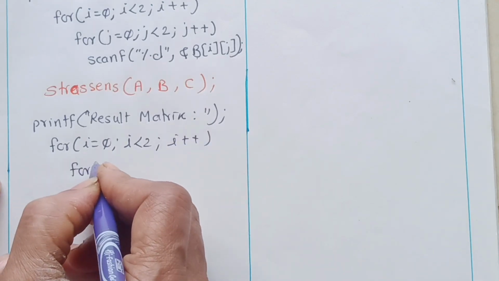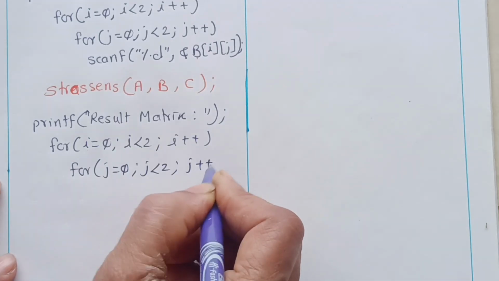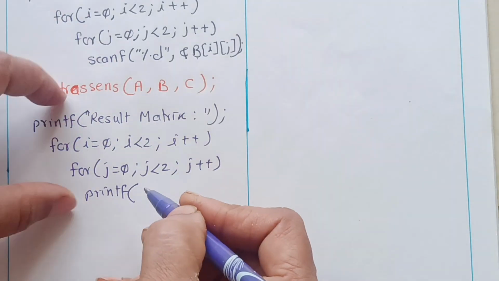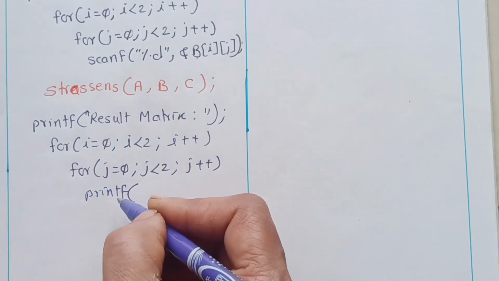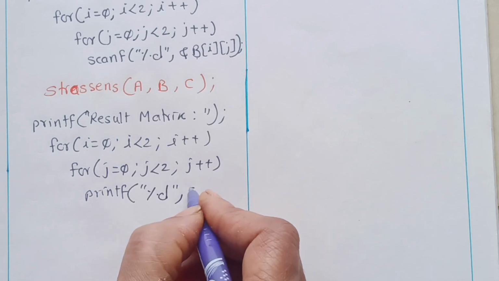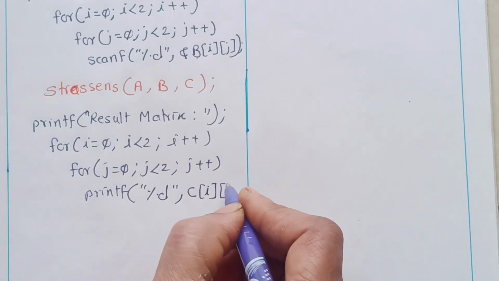For j equal to 0, j is less than 2, j plus plus. Print here, same you have to write down here, but instead of scanf you have to write down printf here. Percentage d, and here we are printing the result matrix, that is C. Okay.